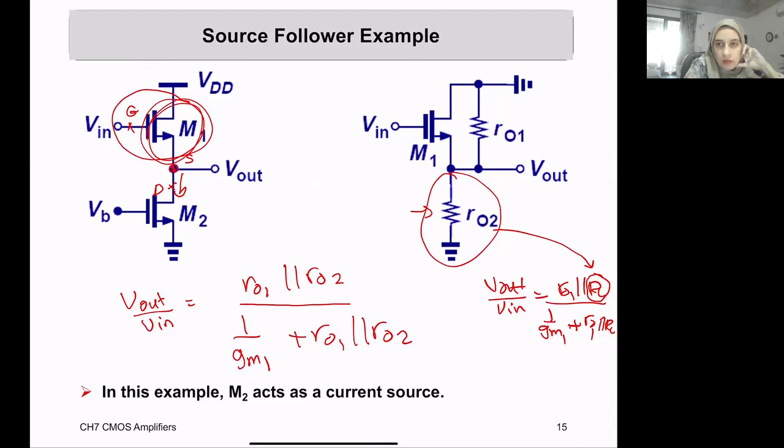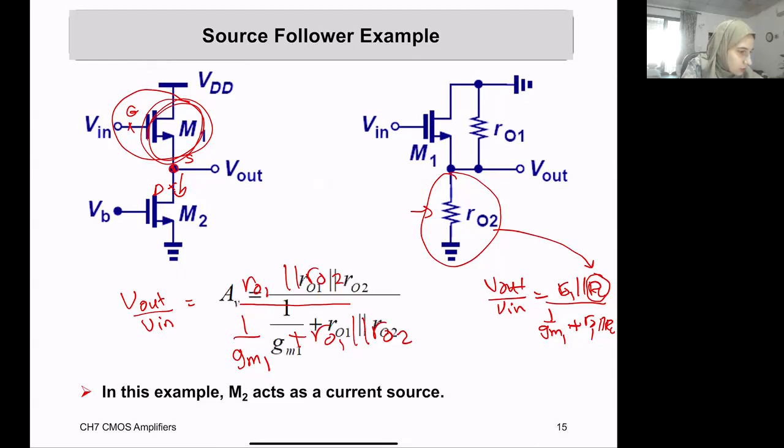For example, if we take lambda equal to 0 for M2, then what will be the output impedance for M2? It will be infinity. And therefore you may say that it's just R out 1 over 1 over Gm1 plus R out 1. Yes, thank you.